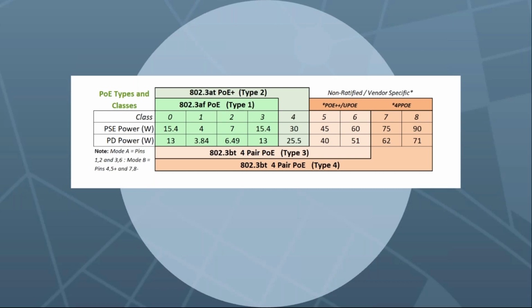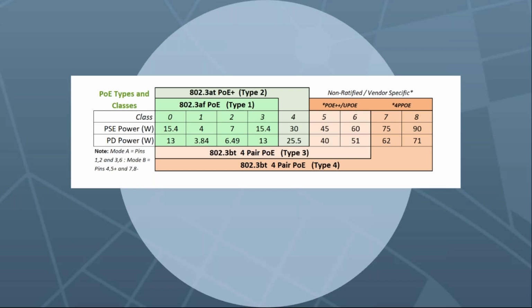Now, as you can see in types 3 and 4, there are some proprietary power injectors. For example, UPoE would be a Cisco proprietary power supply. There's also the 4-pair PoE. Anything above 30 watts really requires you to use all 4 pairs in that Ethernet cable in order to provide enough power.